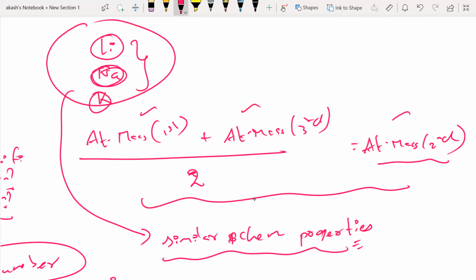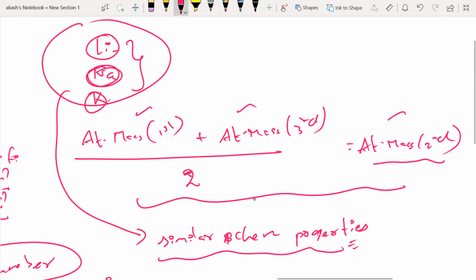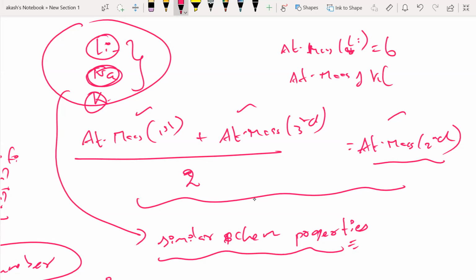Okay, so let us check whether this is going to happen for these. Atomic mass of lithium, let us check. I think it is 6, no, 7.